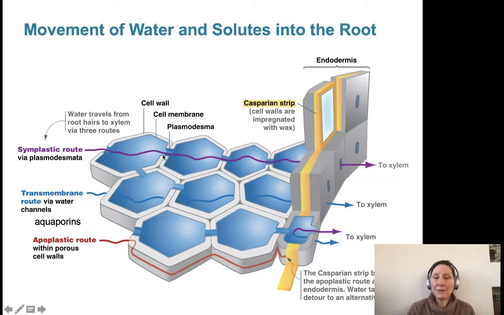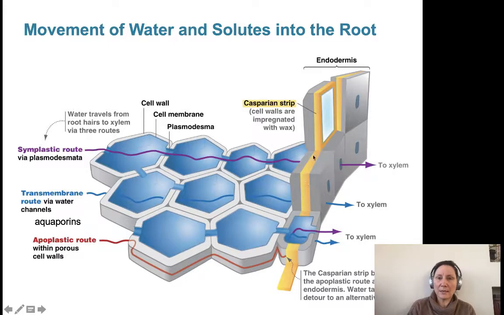Even with these gaps, it's still lined by the cell membrane, but it's as if the cell membrane is one and the same between the two cells. They're joined together. This is called a symplast. So once water is in the cell, it can travel along these plasmodesmata, going through the cortex until it eventually reaches the endodermis.